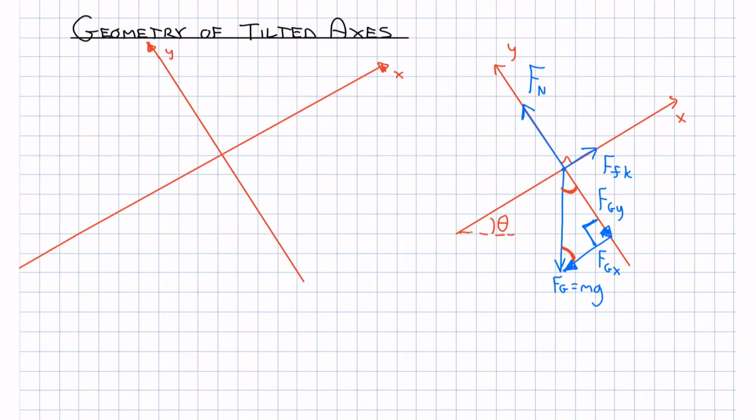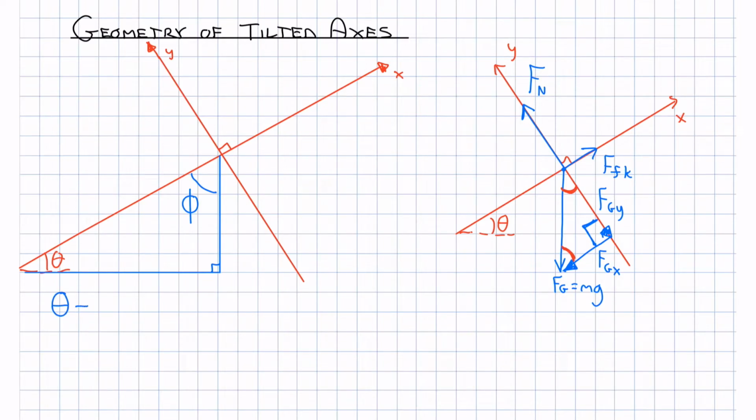To make the geometry a little clearer, let me redraw my x and y axes on an incline and show the angle theta. Now I'm going to drop a straight vertical line in the same direction as FG, straight down, and draw a little right triangle in blue, connecting those two. In this right triangle I've drawn, we know one of the internal angles is theta, one is a right angle, 90 degrees, and we'll call the other internal angle phi.